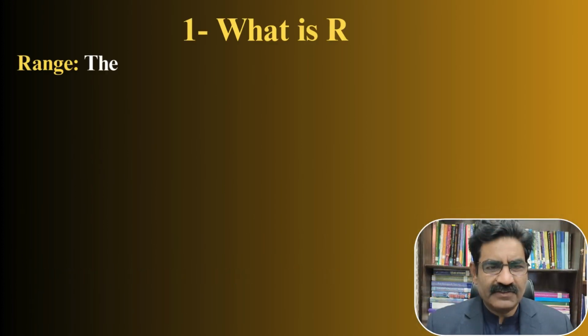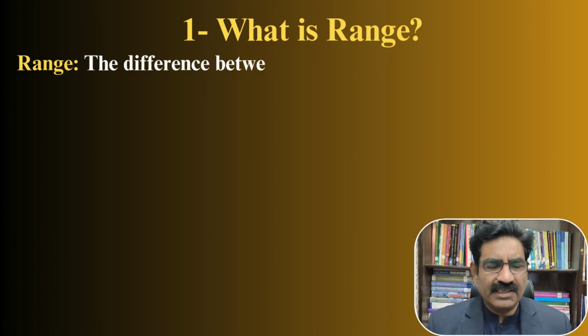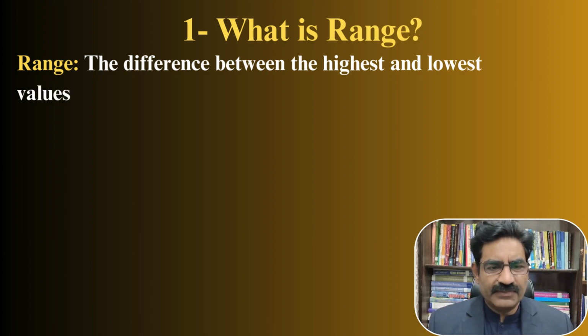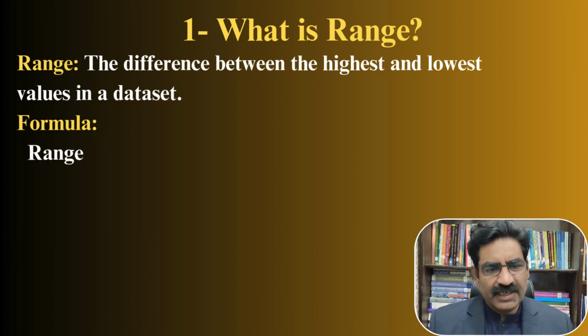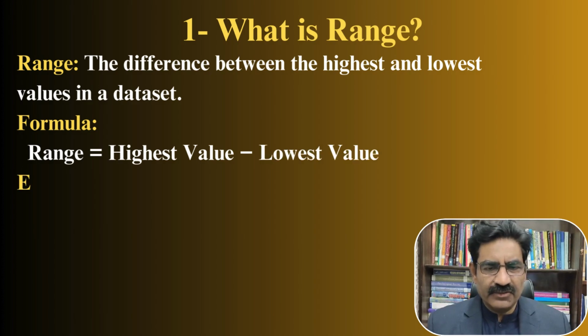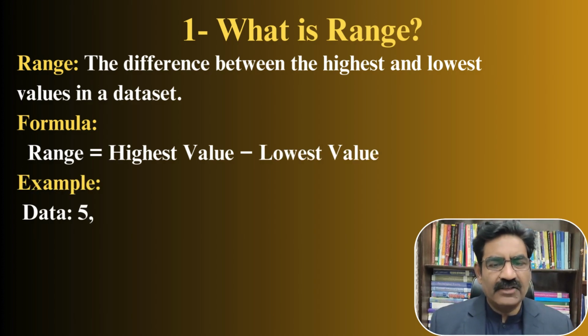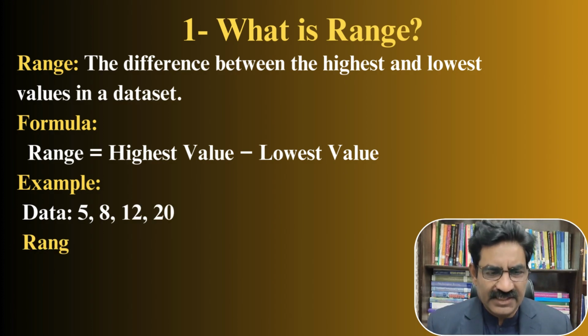Let us first of all talk about range. So, range is the difference between highest and lowest values. If we simply subtract the lowest value from the highest value, we get the range.